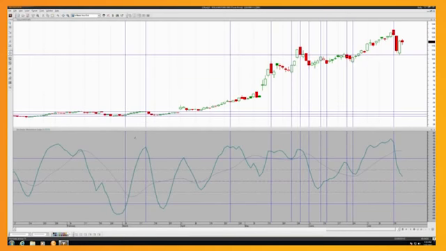Right? Now, many of us clutter up our charts with so much information that we don't stop to suck the marrow out of the one indicator that gives us so much information that we pretty much don't need much of anything else, right? It's nice to have a few moving averages.